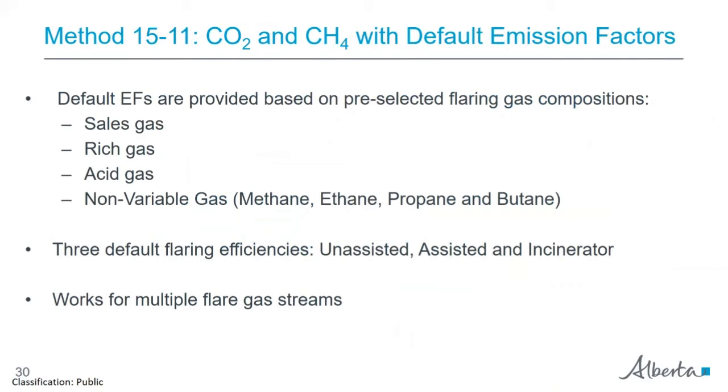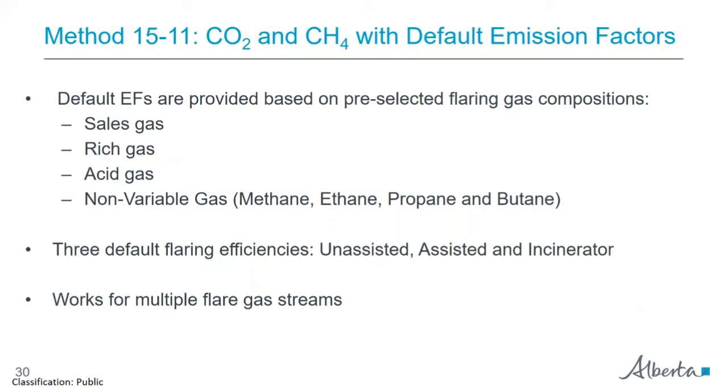So now I will walk through the details of the methods and applicability. Method 15-11 is default emission factor. So we developed 4 different categories of emission factors under 3 different flaring efficiencies. Sales gas, rich gas, and non-variable gas emission factors are the same as in the draft posting and not modified.